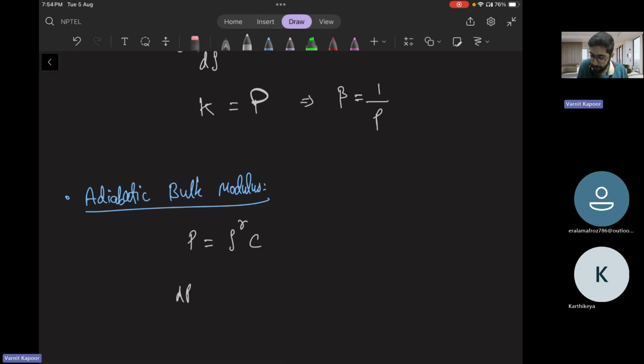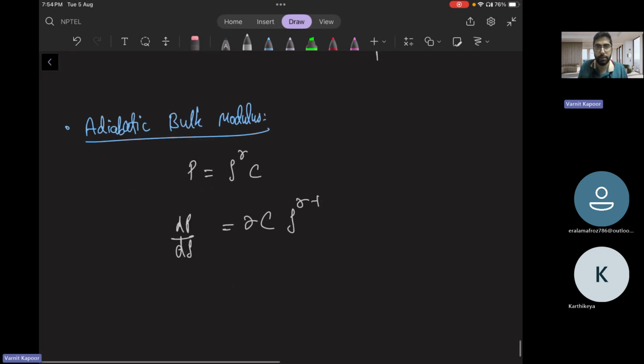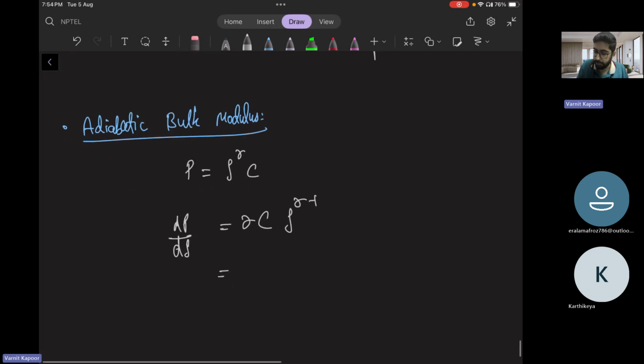Again differentiating, dP by d rho is equal to gamma times C rho to the power of gamma minus 1. Getting my point?